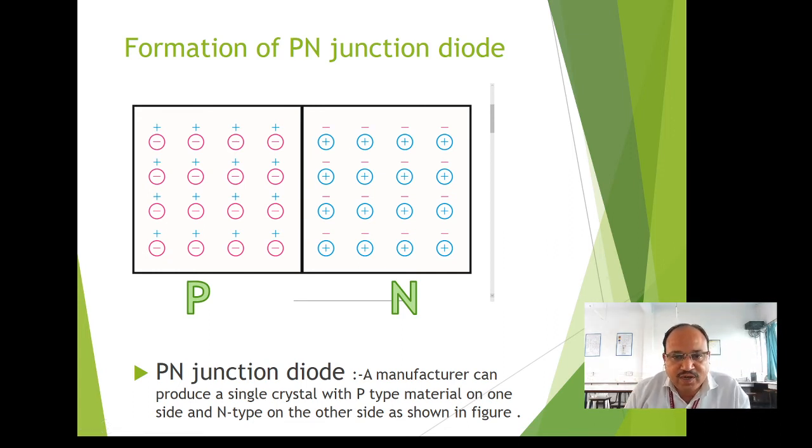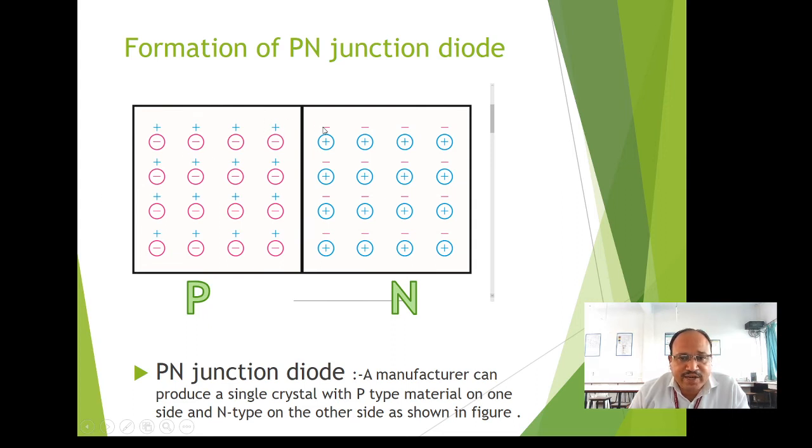Whenever this electron comes near the junction, it will cross the junction and enter the P type material. In this P type material, this electron will be a minority carrier, because in P type the number of holes is more. But very soon this electron will fall into one of the holes, because there are a number of holes.